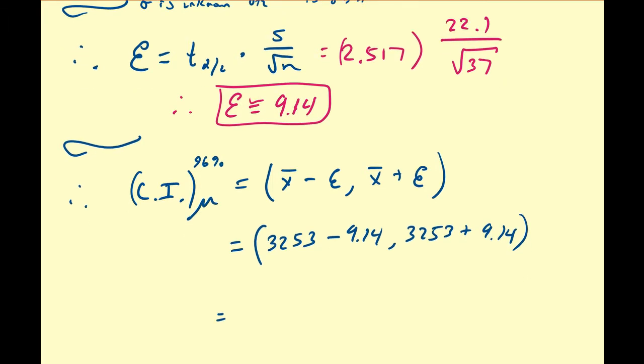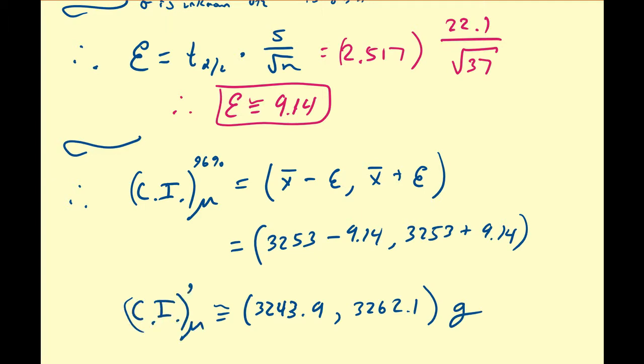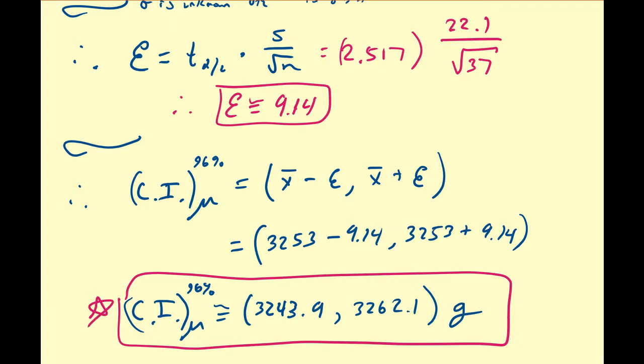And that's going to come out to 3243.9 and, let's round to one decimal place, 3262.1, and this is measured in grams. So this is our 96% confidence interval for the population mean weight of children born.